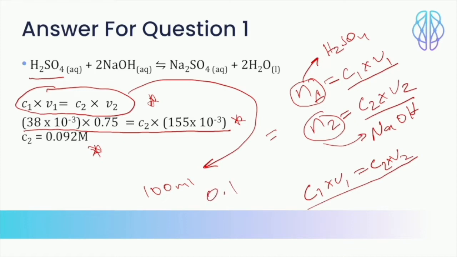You could write that as 0.1 liters, but I never took the risk. I said 100 times 10 to the power of minus 3, because a milliliter is a 1,000th of a liter. I always put the 10 to the power of minus 3 so I can see what I was doing, because I just didn't play around with decimals, and that saved me a lot of marks. But if you rearrange, you should get 0.092 moles. Also, don't forget your significant figures.